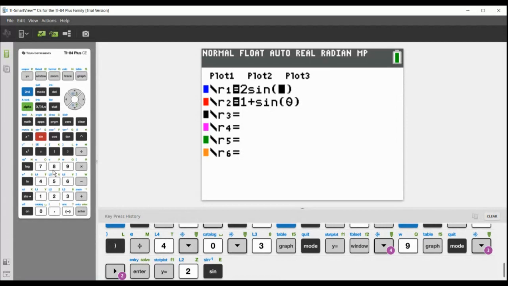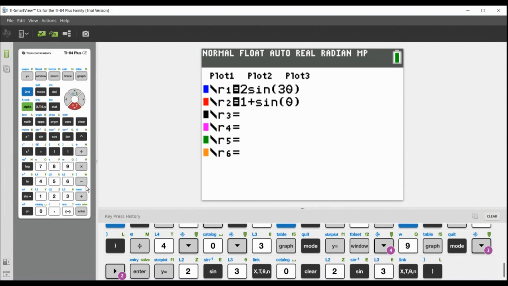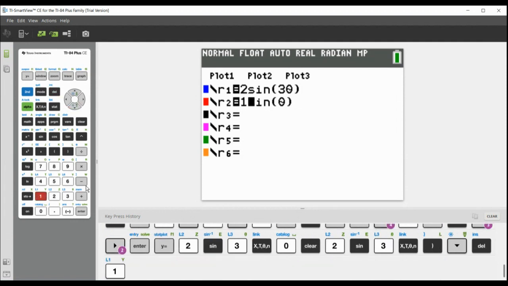Please make sure you're following along on your own calculator. Okay, there's the first one. And then the second one is just the circle r equals 1.